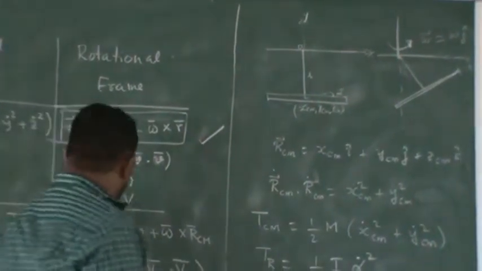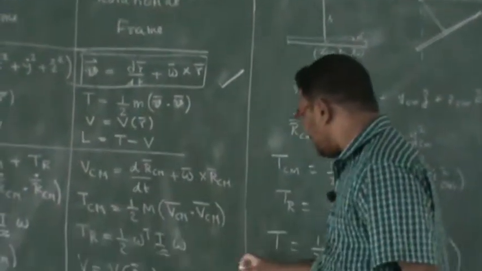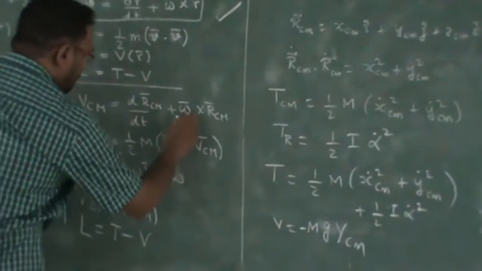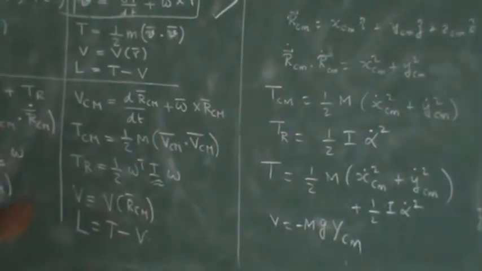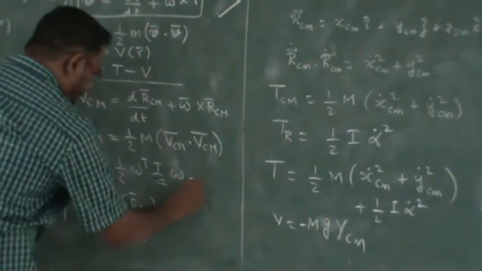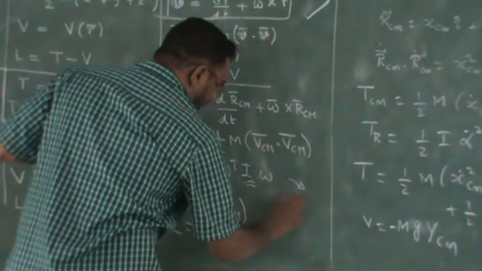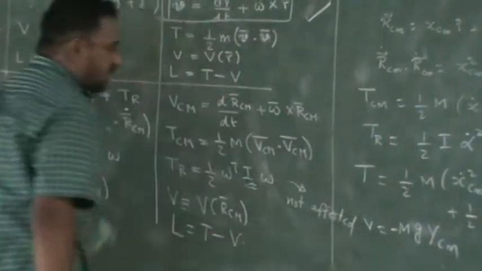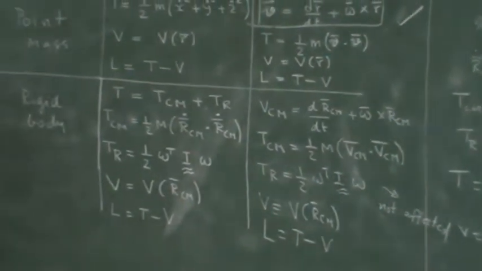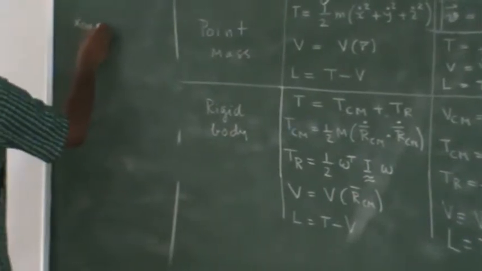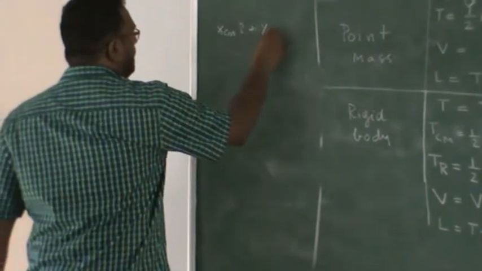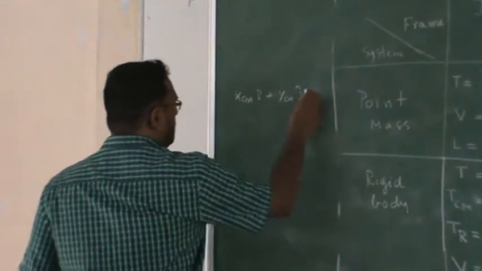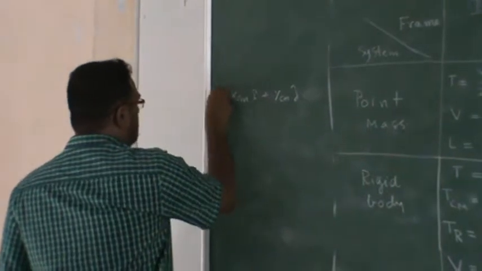Then this part is not going to change, this is not affected. Therefore, you will get xcm i plus ycm j plus zcm, which is some constant, times k. There is R cm.